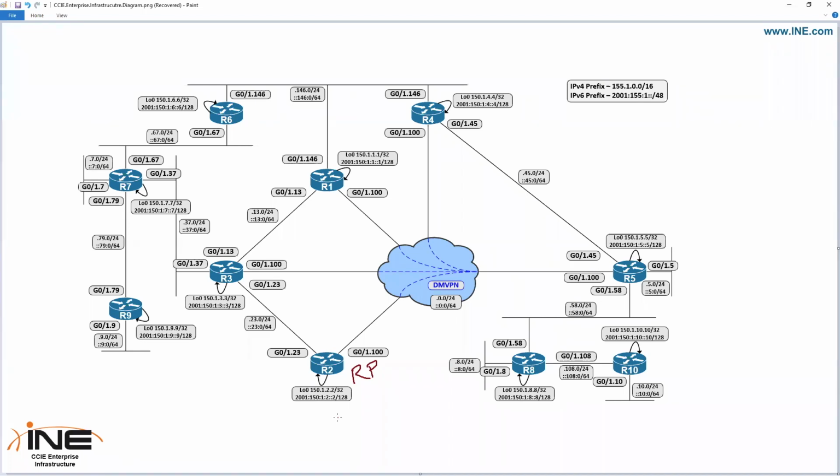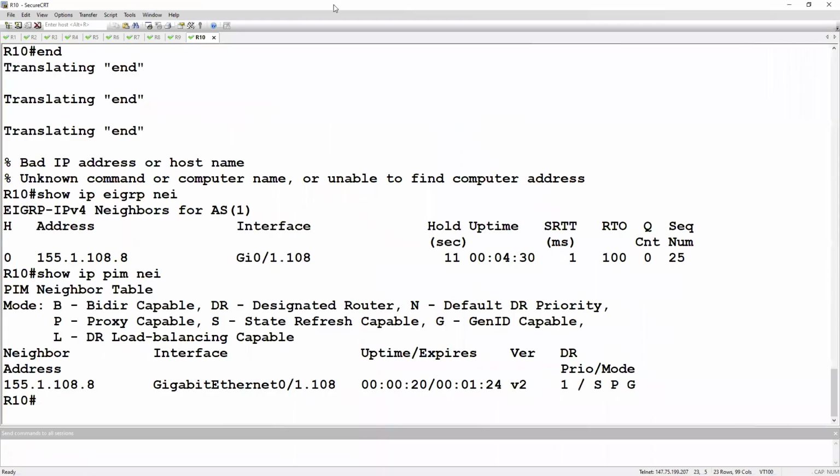We could also use 2 dynamic mechanisms, which are either AutoRP or BSR. In this particular case, I'm going to use Bootstrap Router because it's fairly simple to advertise the rendezvous point through BSR, because we're already running PIM adjacencies between all of the different devices.